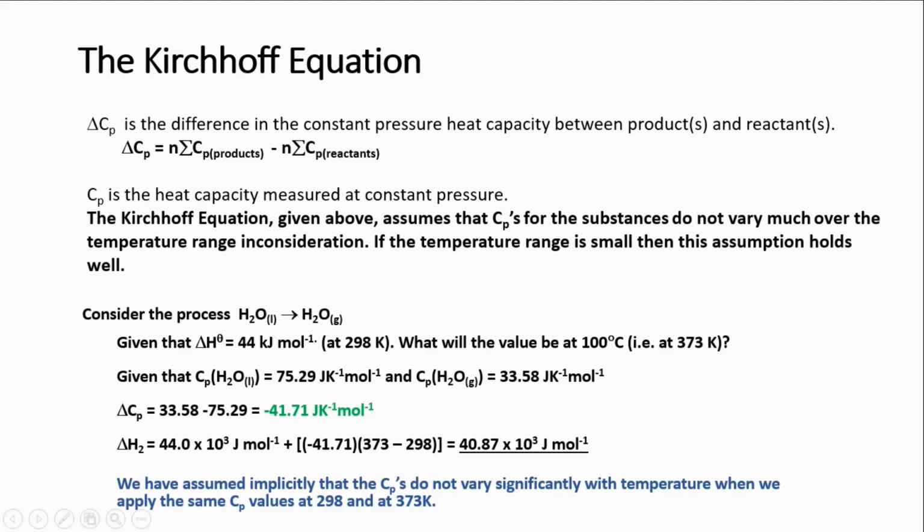As you can see here, we have basically put it in joules, and also we have included now our temperatures, and at the end of the day, our enthalpy change at 100 degrees Celsius is 40.87 times 10 to the 3 joules per mole. Alright, so that's our new enthalpy of vaporization value for the conversion of water to steam.